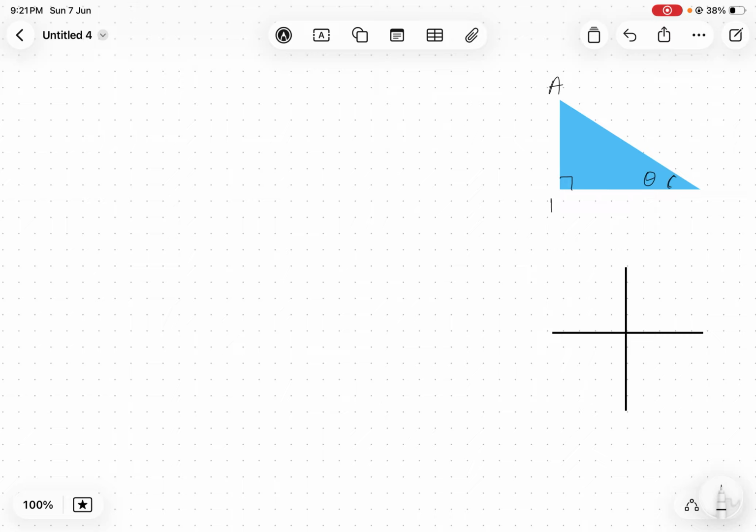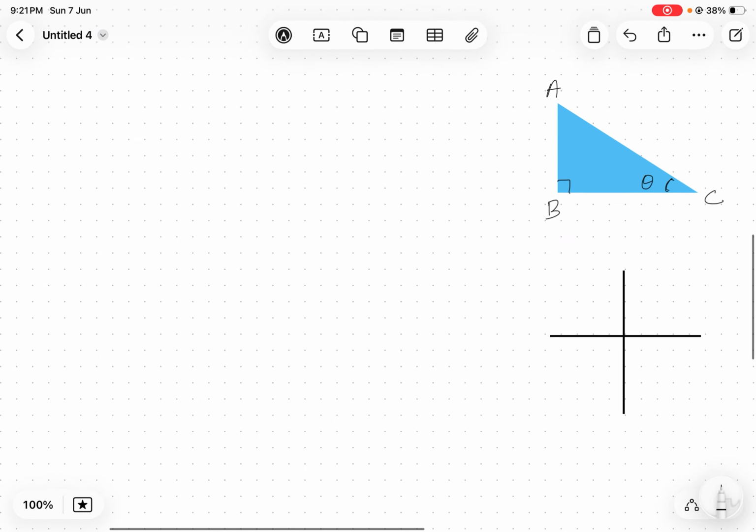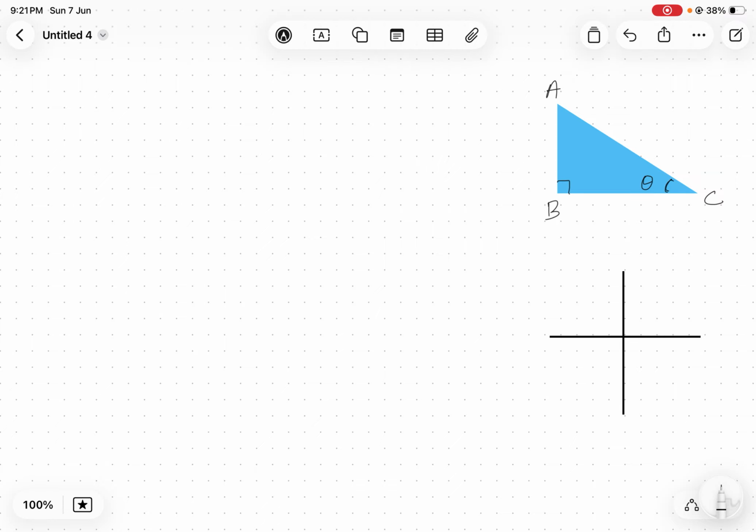This is A, this is B, this is C. So we know this is a right angle triangle, and I will just remind you of Pythagoras that is saying AC square, that is hypotenuse, AC square equal to AB square plus BC square, means perpendicular square plus base whole square.